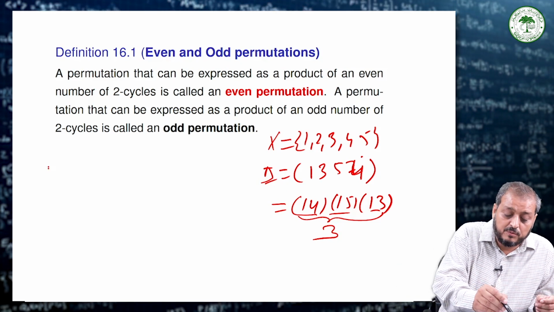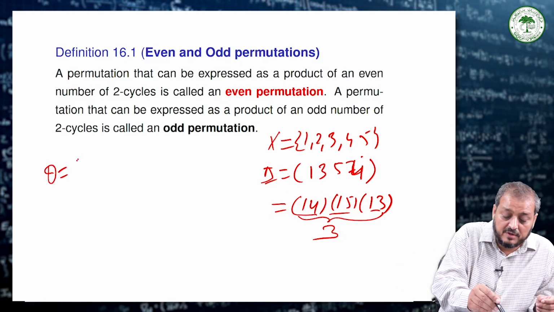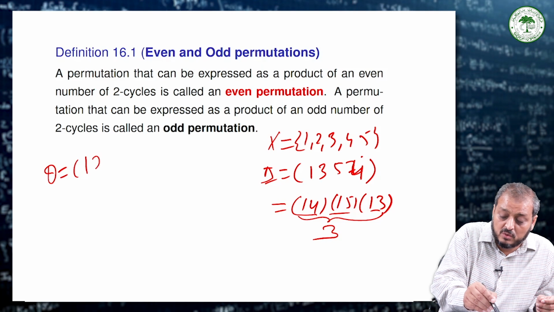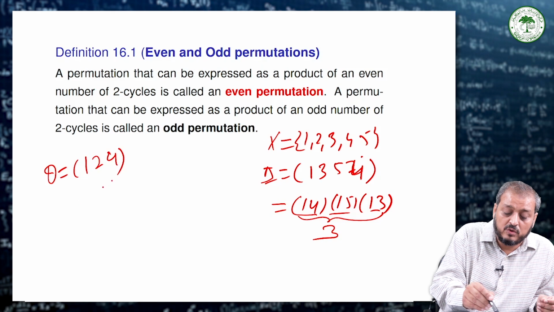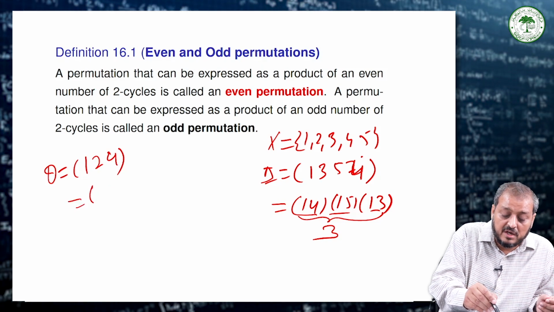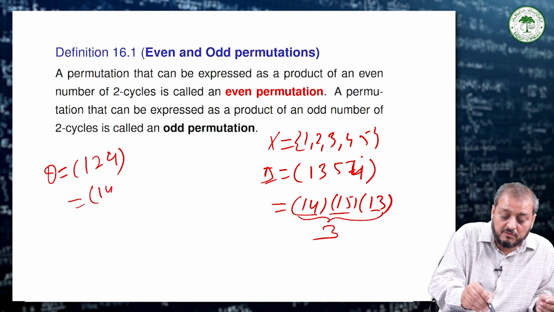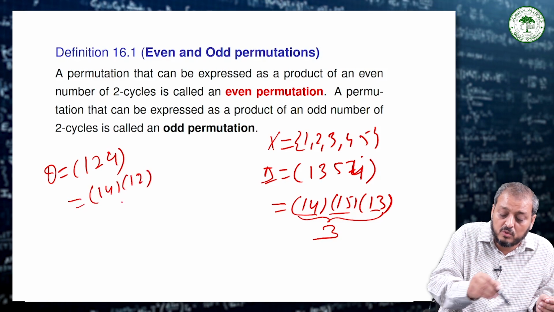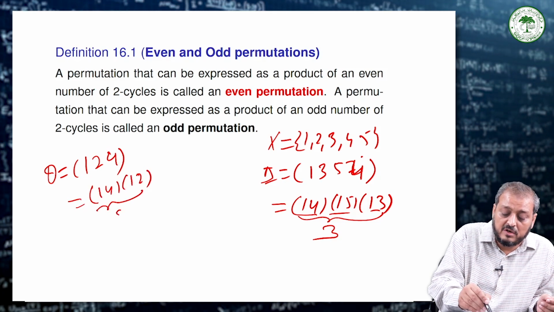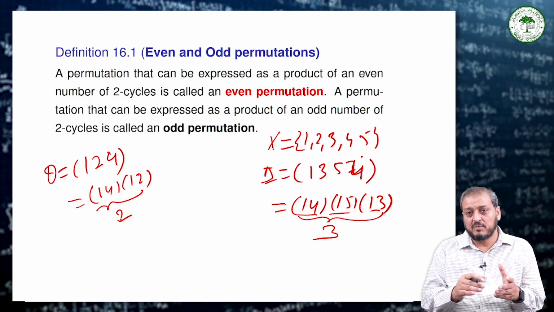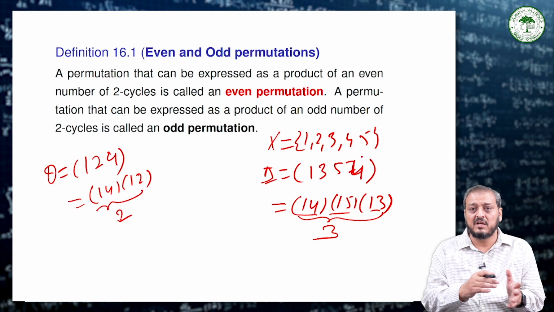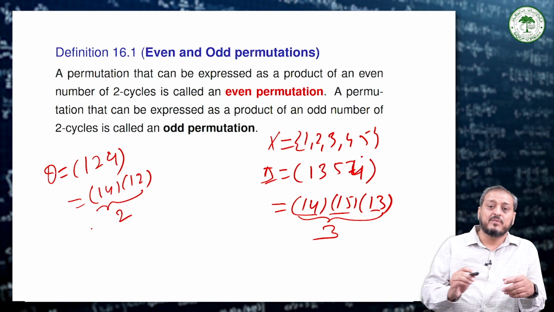Suppose theta is equal to (1 2 4). This can be written in transposition form as (1 4)(1 2), which is clearly two two-cycles. So this is clearly an even permutation.